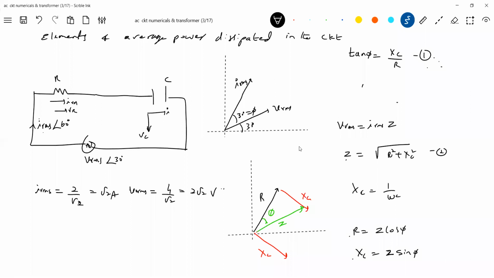We can calculate the components. Or from the triangle, cos phi is equal to that only. I'm asking you to resolve the component of Z along R, so along this direction will give the resistance. The component of impedance along the reactive element will give the reactance. Please do make an observation. Everything revolves around this only, in most of the numericals.